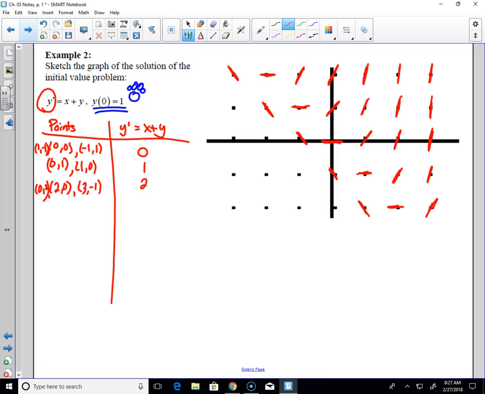What else am I missing? Negative 1, negative 1. That'd be negative 2, right? Down 2 over 1. Negative 1, negative 2, that'd be negative 3. That's hard. Let's go up 3. 1, 2, 3, and back 1. Guess what's going to happen if you guys have found the pattern? It's just going to get steeper and steeper.